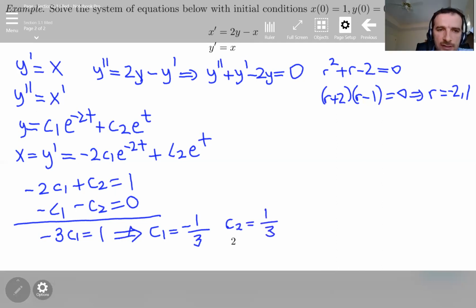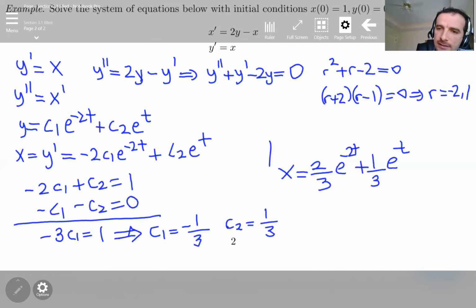So the solution is then x is equal to, just plugging these in here, 2/3 e to the negative 2t, and c2 is 1/3, so plus 1/3 e to the t. All right, this is the solution.